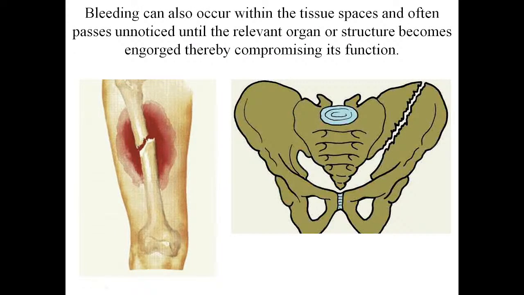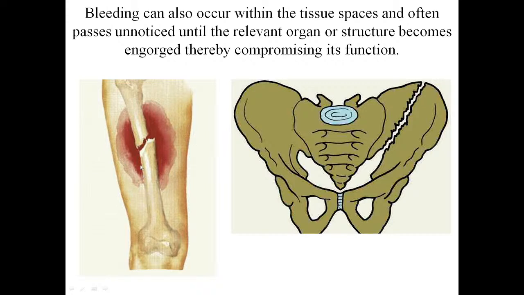Student, internal bleeding can be not only in a cavity, but also within soft tissue. In the slide you can see two fractures. The first is a fracture of the femur and rupture of the blood vessels, resulting in bleeding inside the soft tissue of the femur.